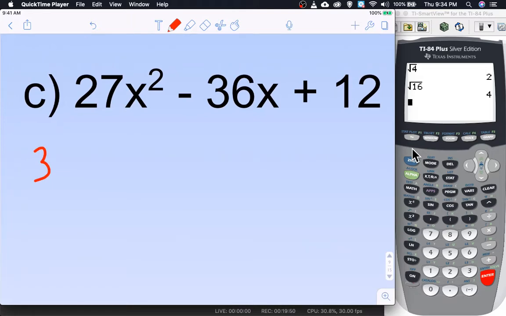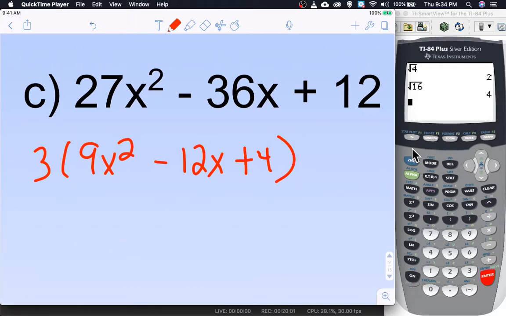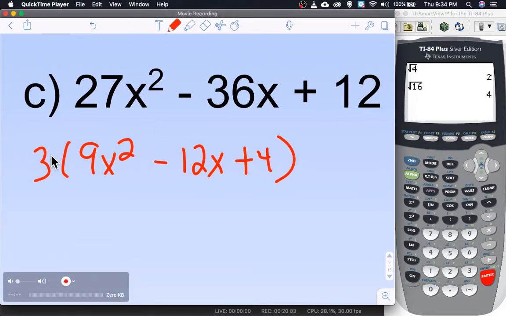They're all multiples of 3. And when I do that, I get that. So I factored a 3 out of each of them. Divide by 3, divide by 3, divide by 3. As a result, 9 and 4 are both perfect squares. We'll call it a happy coincidence.